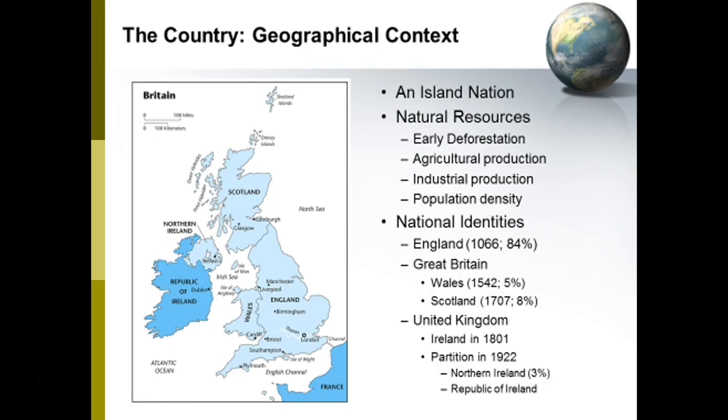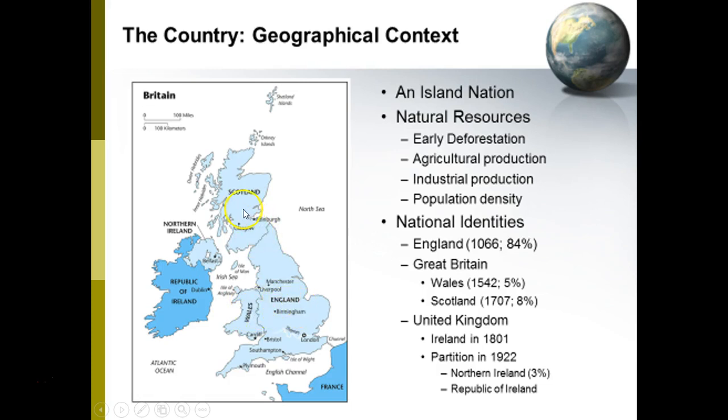But then in 1542, they incorporated Wales, which again is part of Britain. So now it's starting to move until officially in 1707, Scotland is incorporated as well. All of this island is under one crown, one king, one ruler.